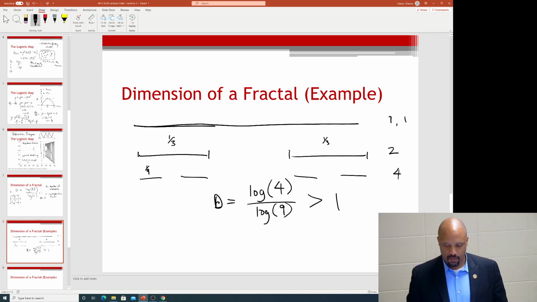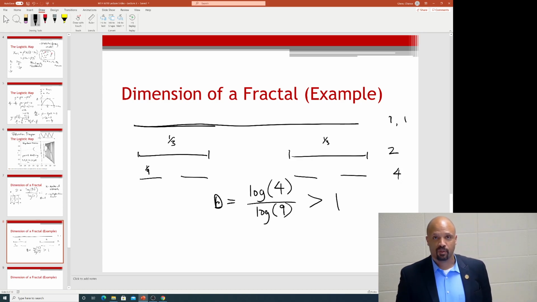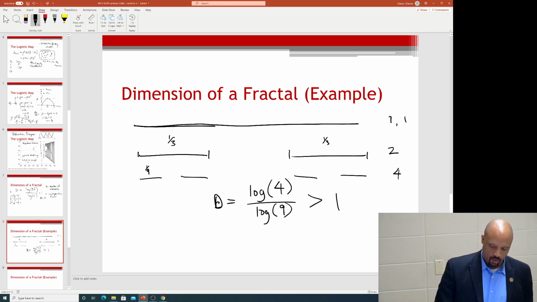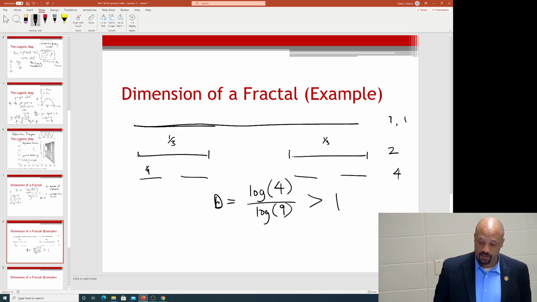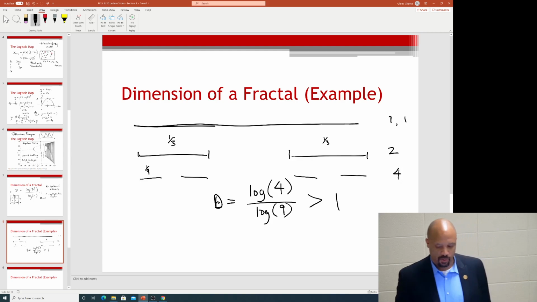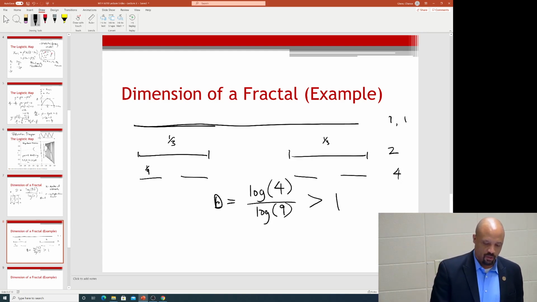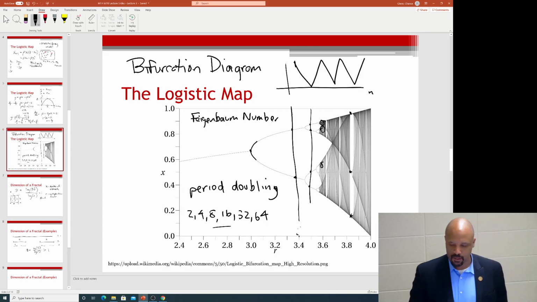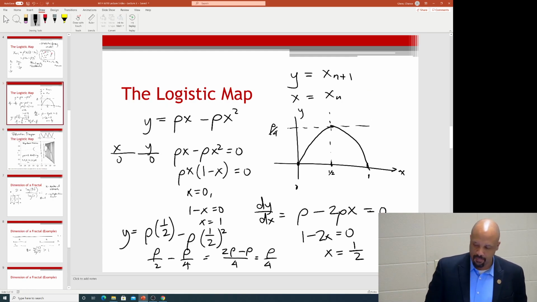I don't want to run too long on this, so we'll stop right here. But I want you to also look at examples of how to calculate the dimension of fractals. I want you to be able to discuss it on our next discussion session. And also, I want you to be able to talk about the Feigenbaum number and bifurcation diagrams and the single hump map.